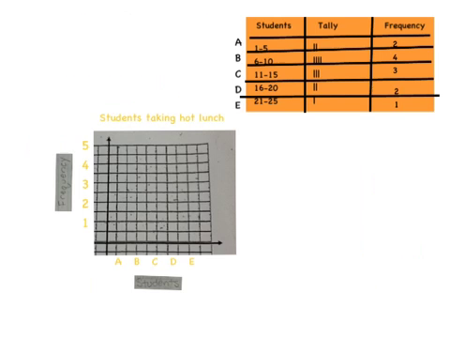Okay. Now we'll make a histogram of the frequency table. Remember that you can put letters in front of each row in the frequency table. Then you can use those letters in the histogram as the x-axis numbers. So in row A, there are 2. In row B, there are 4.